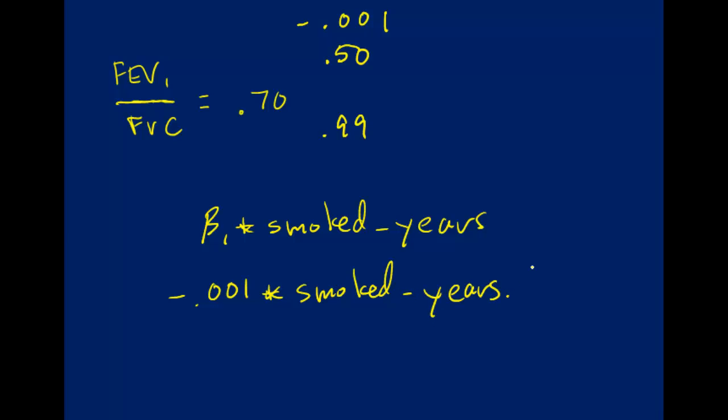So what it means is that for every year that you smoke regularly, your FEV1 to FVC ratio decreases by 0.1%. So after 10 years of smoking, your FEV1 to FVC ratio would decrease by 1%.